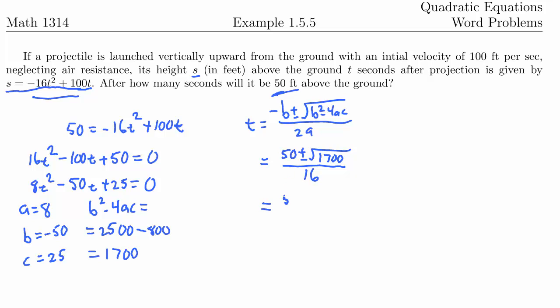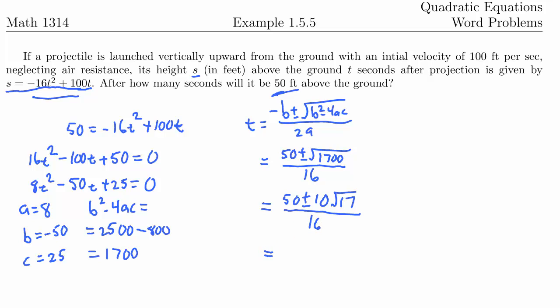So that gives me 50 plus or minus the square root of 1700. Well, 1700 is 100 times 17, so the square root of 100 is 10. The square root of 17 stays as the square root of 17, all divided by 16.